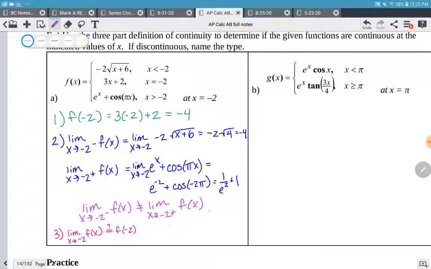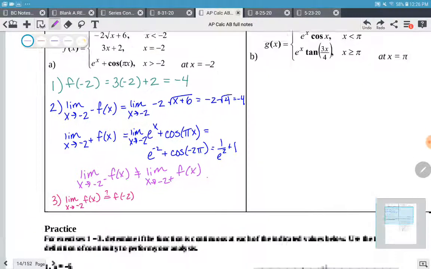So therefore this is discontinuous. And more specifically, if the limits aren't equal, that tells me I'm in two different places, right? So this place, it's going down towards, or it's around -4, and then it equals -4, and then there's a jump to some positive value up here, and then it continues doing something. So this is a jump discontinuity.